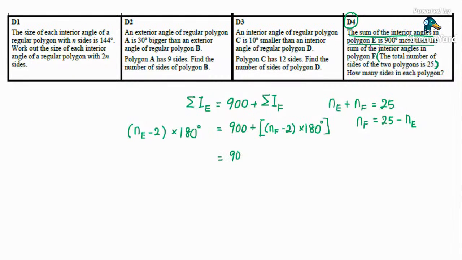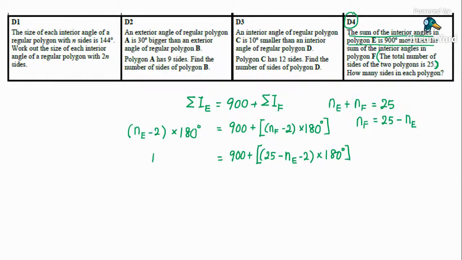I'm showing you the algebraic process, but let's say you have another way of doing it which does not require the algebraic process. As long as you get the same answer, then it is fine. So I will replace the NF here with 25 minus NE, and then minus 2, times 180 degrees.